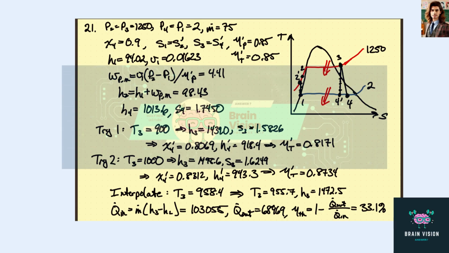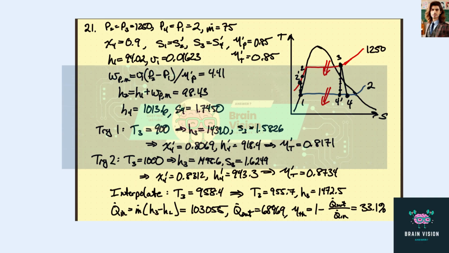We do that, and we wind up with an enthalpy and an entropy at 3. Again, the entropy at 4 prime is the entropy at 3. So then we can figure out the quality factor at 4 prime and the enthalpy at 4 prime.